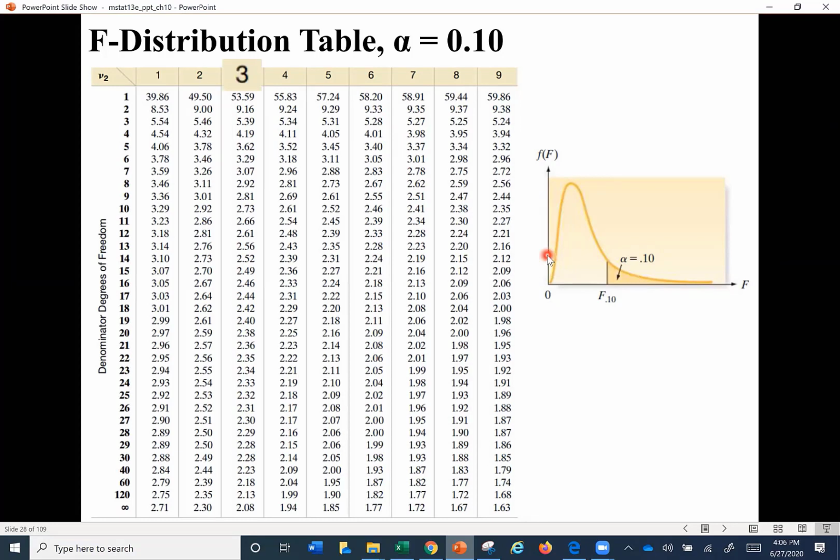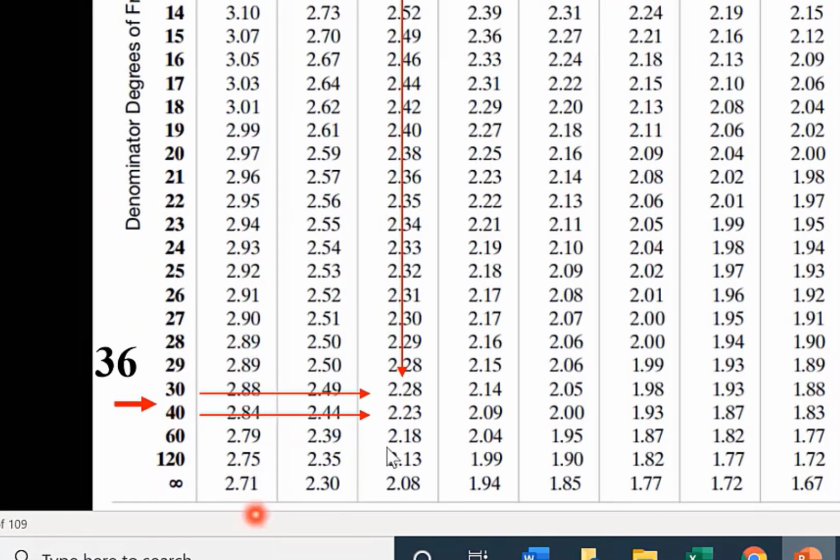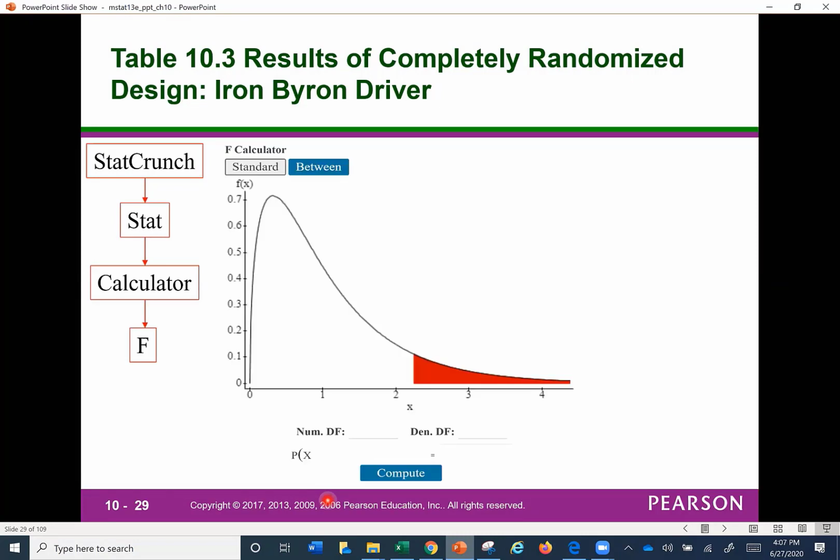The degree of freedom of our numerator was 3, and of our denominator was 36. Then the corresponding critical value will be located between 30 and 40 because this table is incomplete, so it will be a value between 2.23 and 2.28. If we use technology to find this value, we can go to StatCrunch, and in StatCrunch we need to go to Stat, Calculator, F, and we can obtain this.